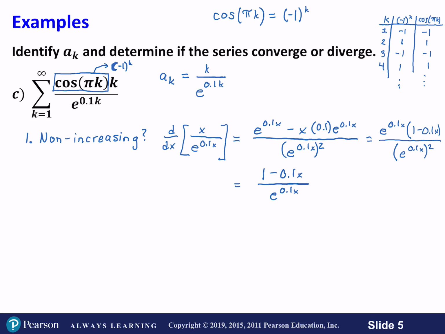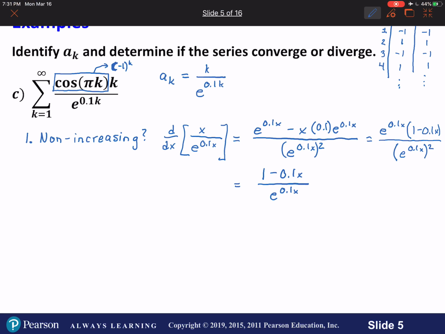Okay, so here's the question. Is this thing less than or equal to 0? Well, if x was equal to 5, then that's not true. This thing would not be less than or equal to 0. But if x is equal to 25, then it would be true. Notice that the denominator, this thing, is always positive. But the numerator is negative only for x greater than or equal to 10.